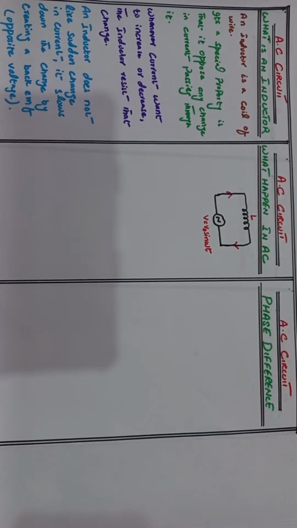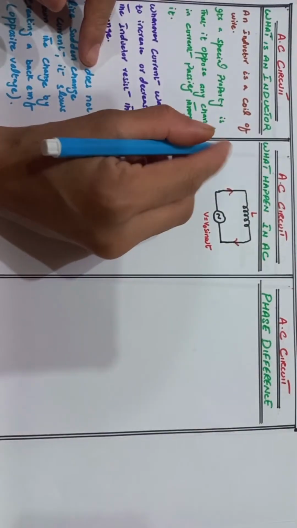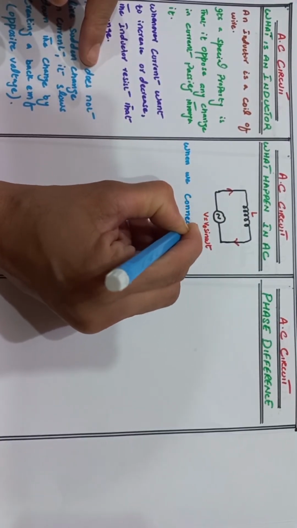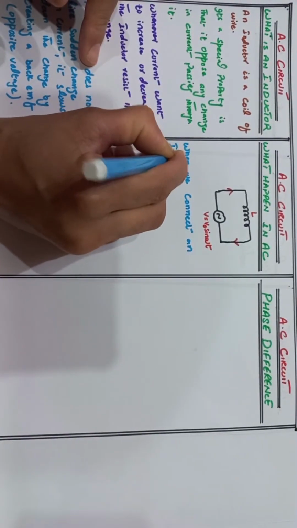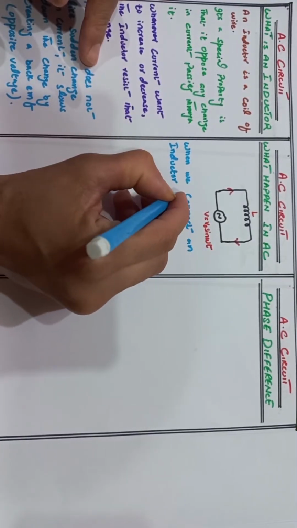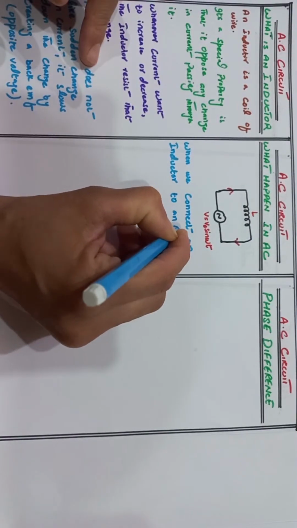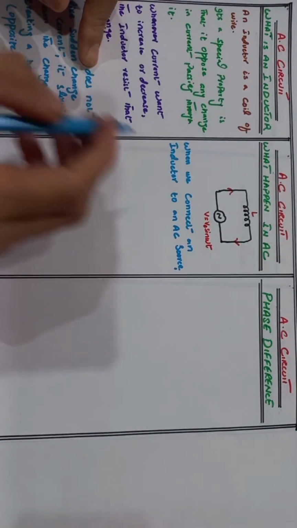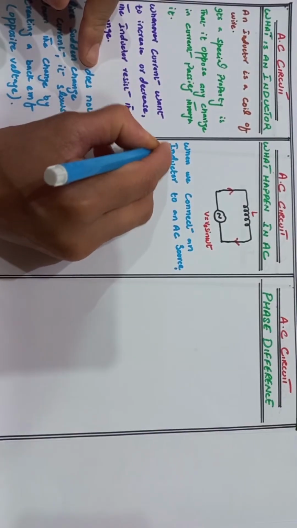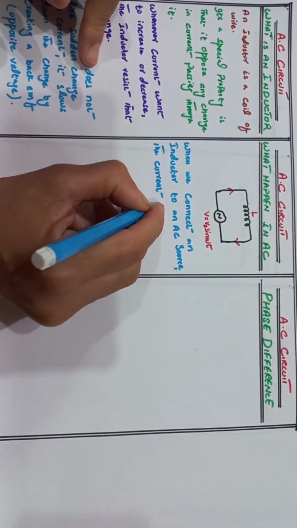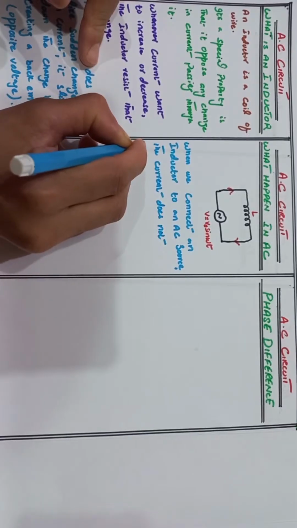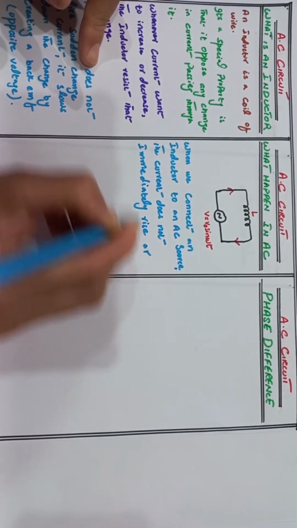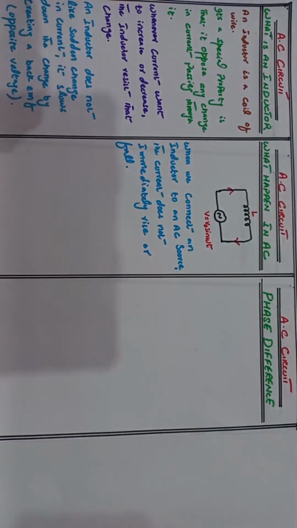So here we also write: when we connect an inductor to an alternating voltage source, the current does not immediately rise or fall.